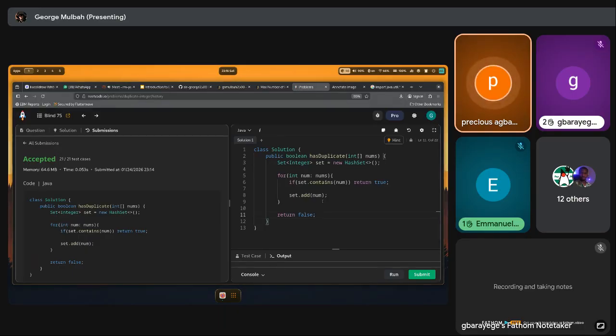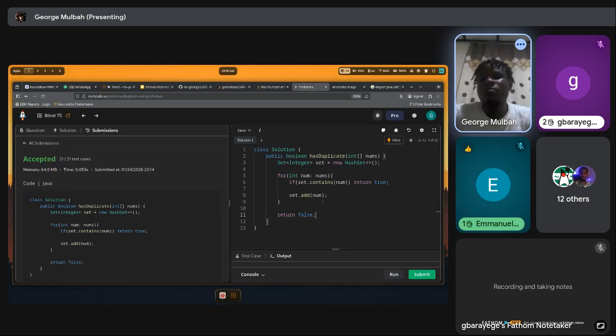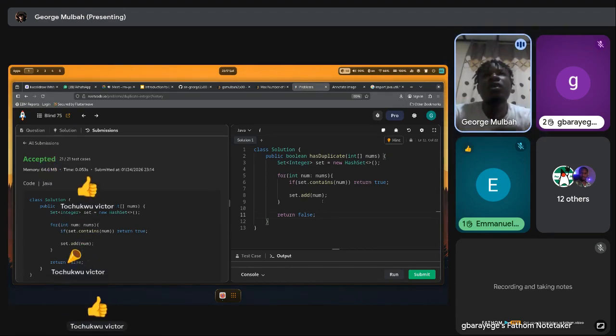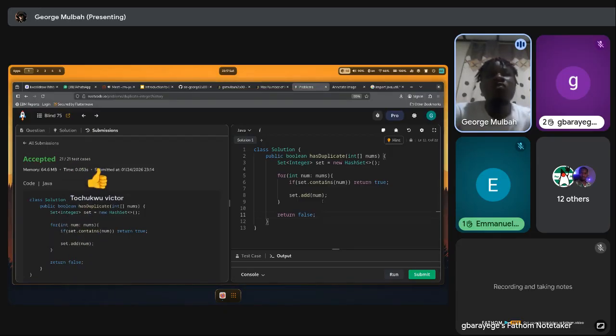So that early exit is an advantage. Normally the two solutions use a lot of space, but mine only has the advantage of early exit, in a case where you have a million elements.